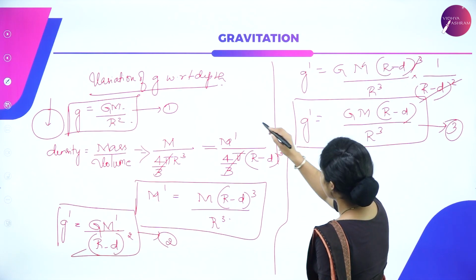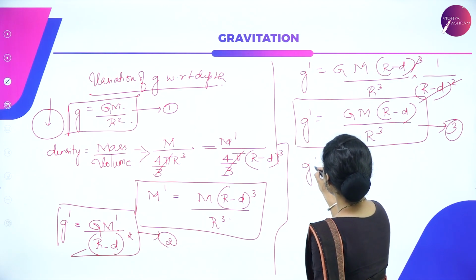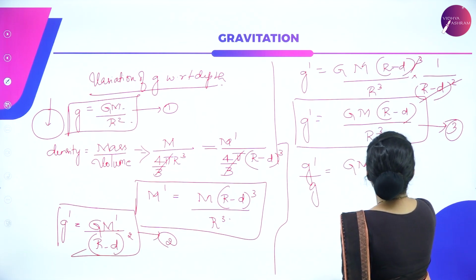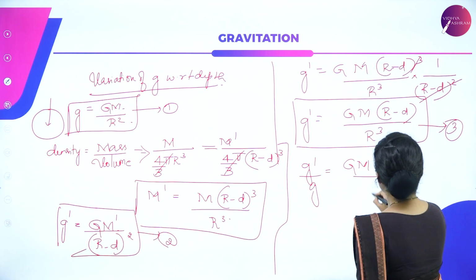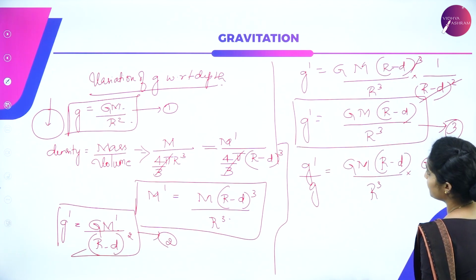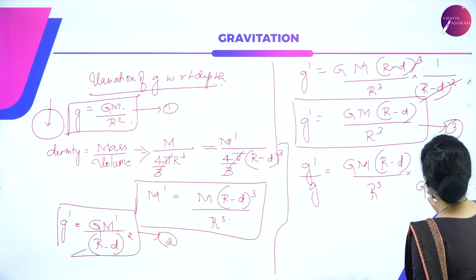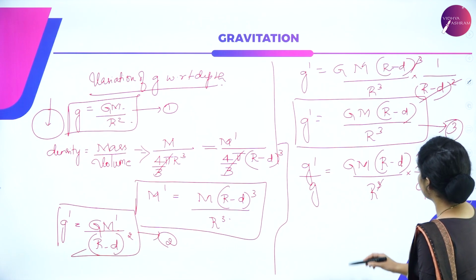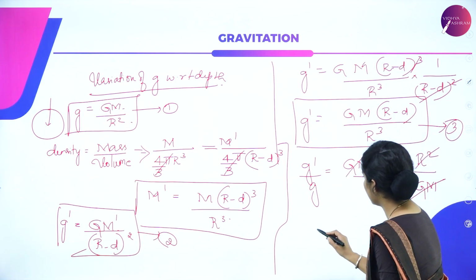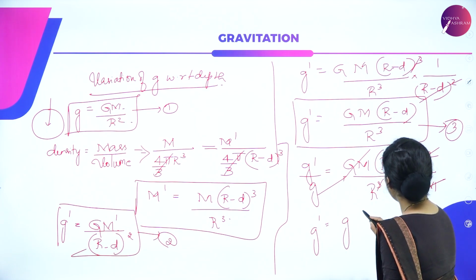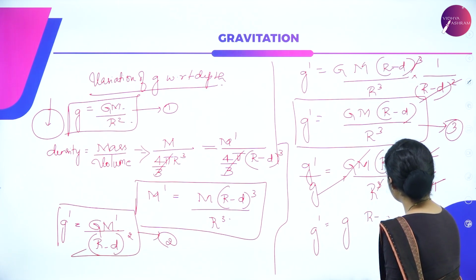On equating equations 3 and 1, that is g dash divided by g is equal to GM (r minus d) divided by r cube into your m value, GM into GM, so GM divided by r square. Square cancels with 1 r, GM cancels, so we are left with g dash is equal to, your g goes to the other side, g of (r minus d) divided by r.